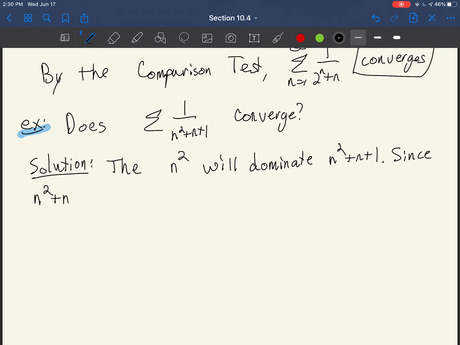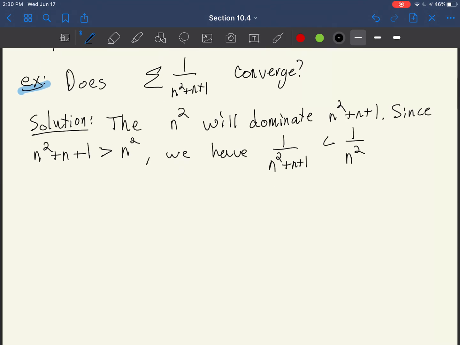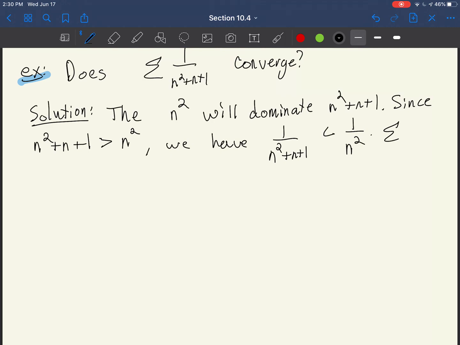All right, so set up your inequality. N squared plus n plus 1, we're adding something positive, so this will be greater than n squared. Take the reciprocal, and we have the sequence we are interested in is less than the sequence 1 over n squared. And the summation of 1 over n squared converges because it's a p-series with p equals 2, which is greater than 1.